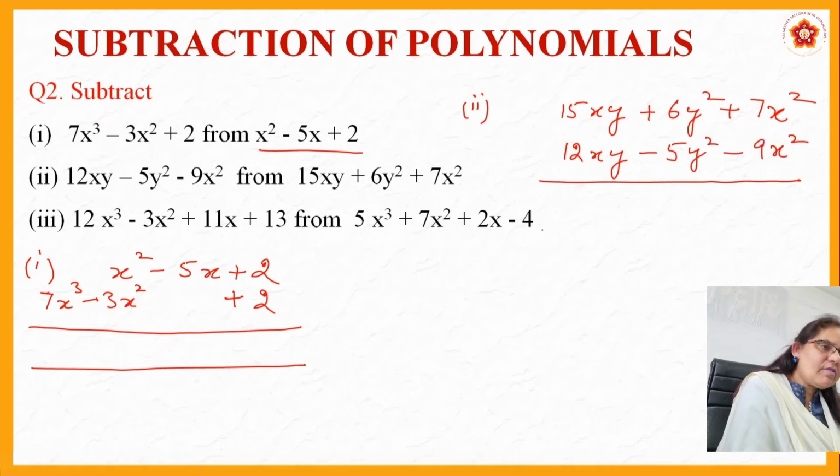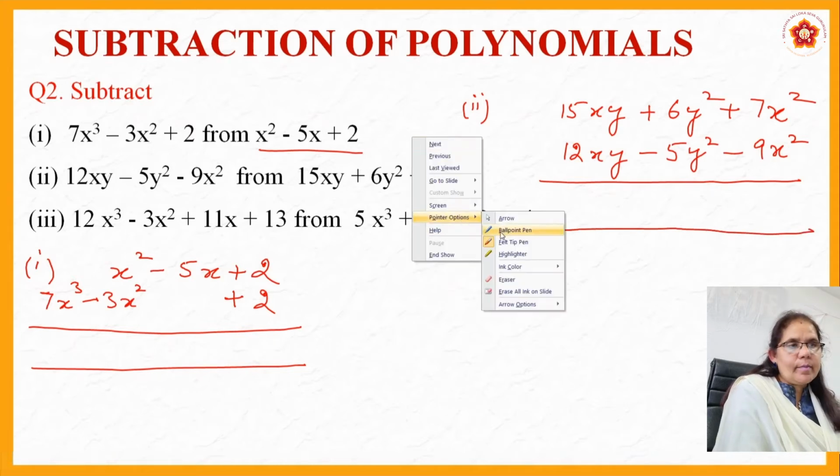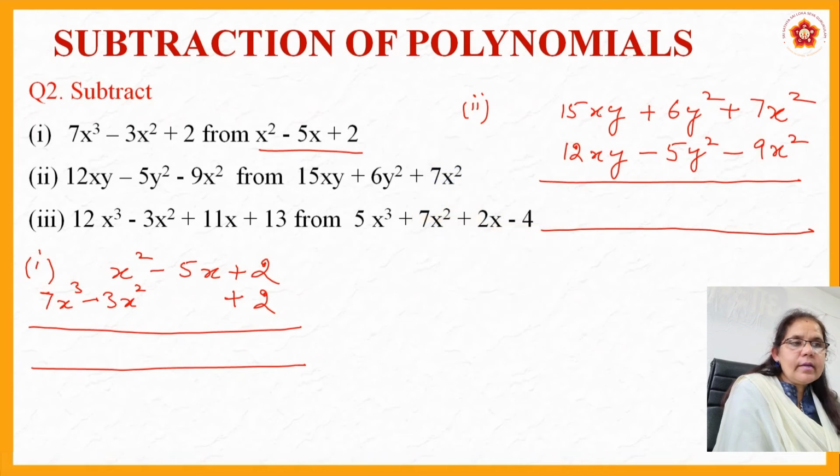So first thing that we have to do in subtraction is we have to change the sign. 15xy, from 15xy we have to subtract this. So we will change the sign of all the terms, each term which is written below.